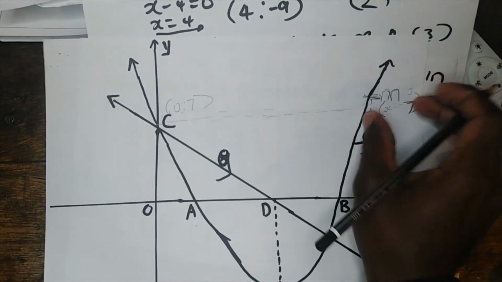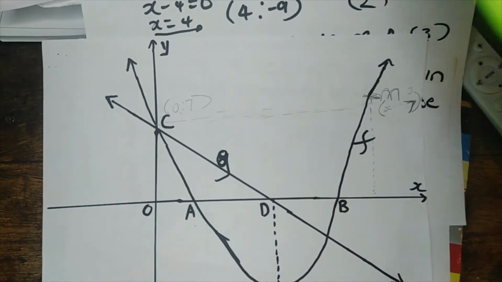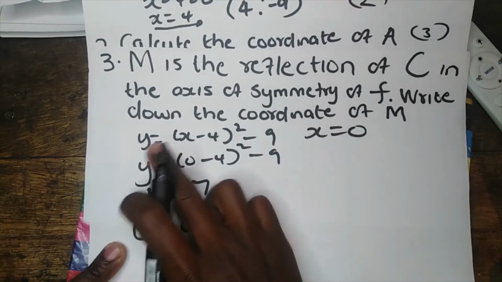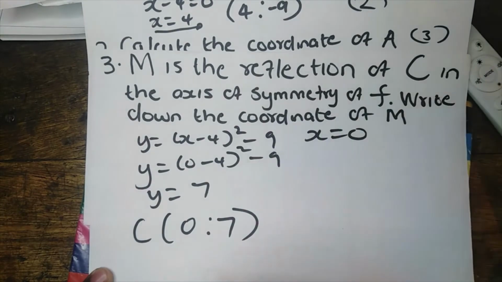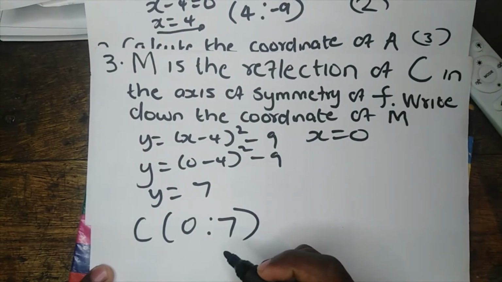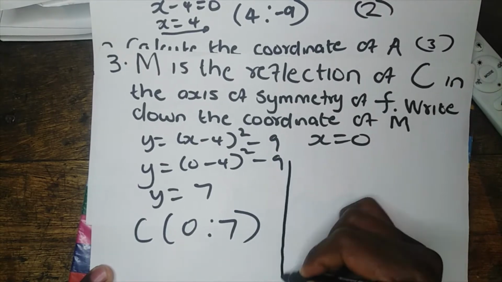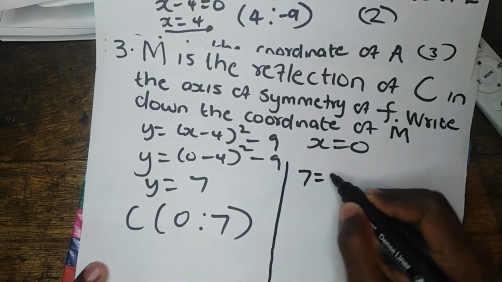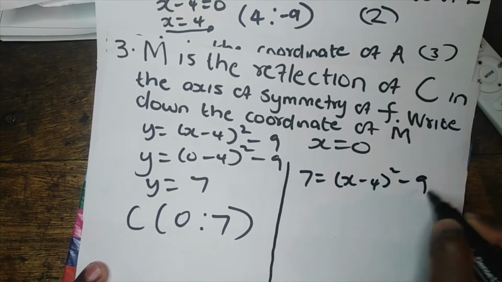The coordinate goes along this graph of f. So what is the equation of graph f? It is the equation we were given. So instead of y we put 7 and solve for x. 7 equals (x minus 4) squared minus 9.